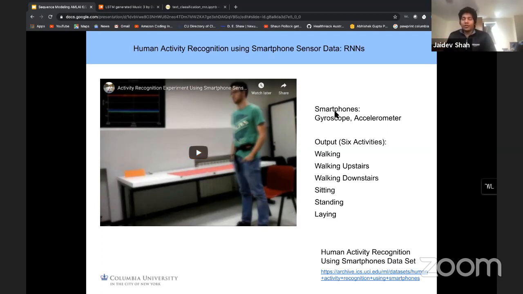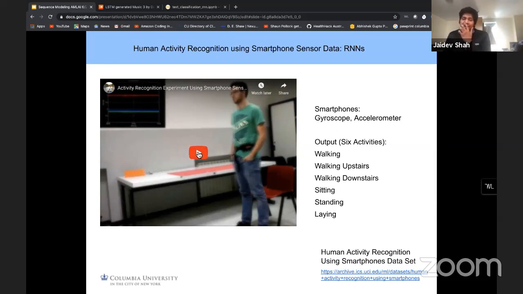Your smartphone has a gyroscope which tells you the orientation. It's used when you play games like Need for Speed. And you have an accelerometer, a sensor on your smartphone that tells it what the acceleration is in X, Y, and Z. So everyone's smartphone has this.